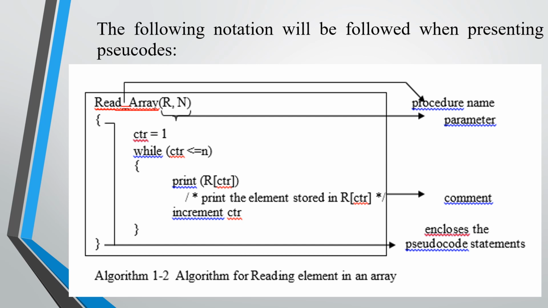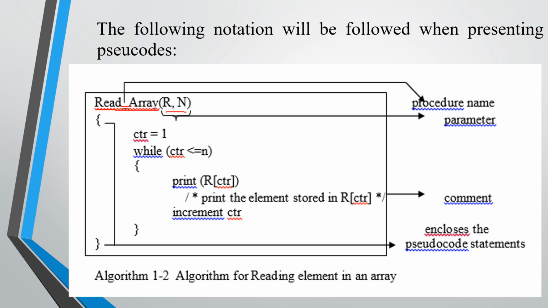And then, each pseudocode could have a parameter or parameters inside that procedure, just like the one that you have done in Java when creating methods. You have parameters inside. Now, the difference between our pseudocode and the actual Java code is that you do not have to define the data type of each variable that you're going to use.